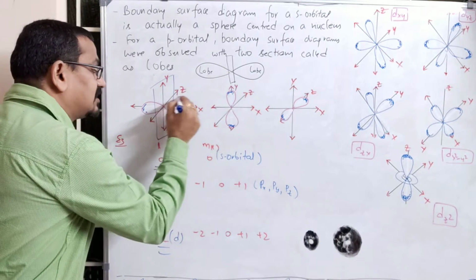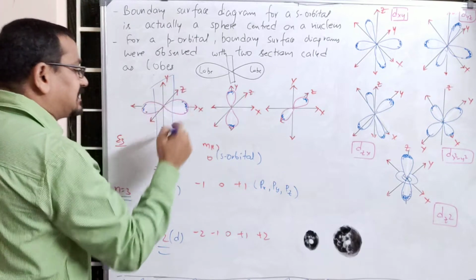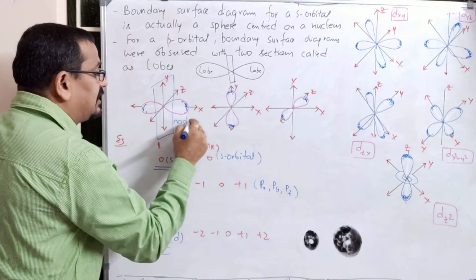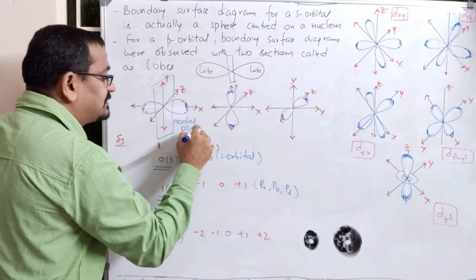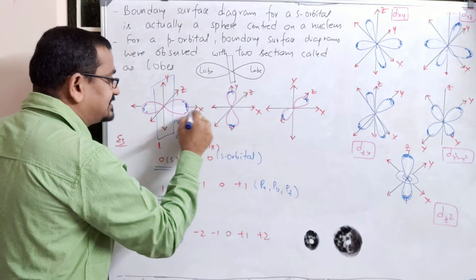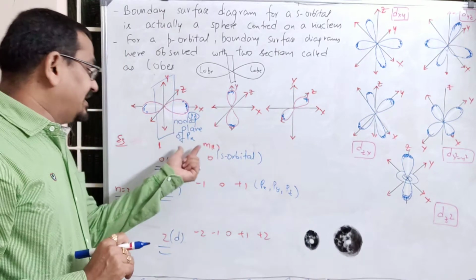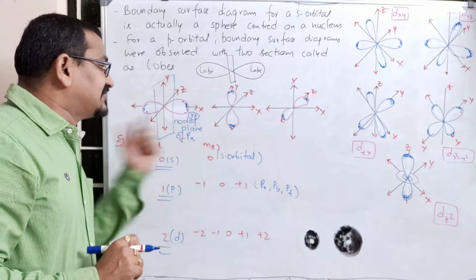The px electrons are only along the x axis, right? So this yz plane is called the nodal plane. The yz plane is the nodal plane of the px orbital.